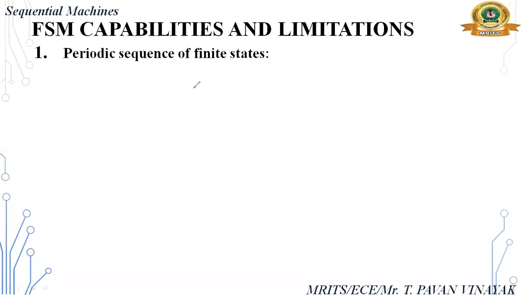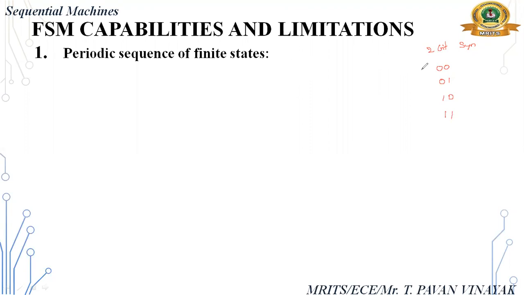You already designed synchronous counters, right? Let us see, I am taking a 2-bit synchronous counter. What are the possible states in a 2-bit synchronous counter? 00, 01, 10, 11.